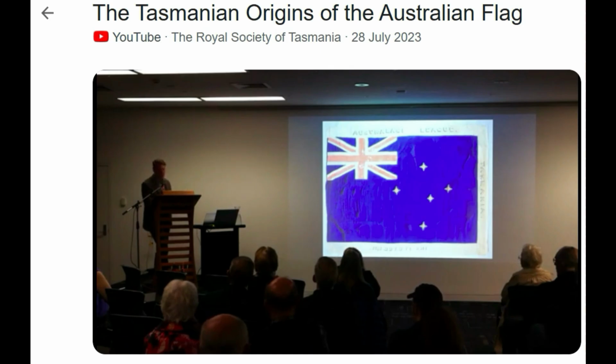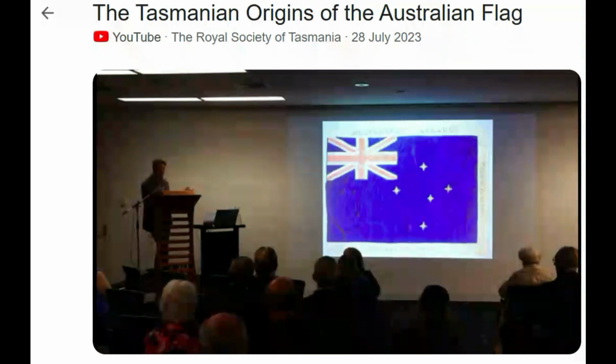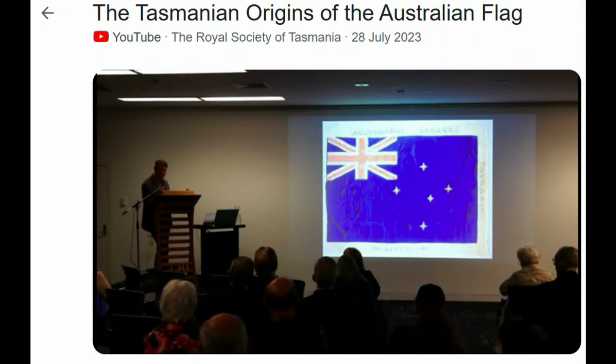But in terms of actual impact, the big impact of Eureka wasn't actually the rebellion, it was the court cases afterwards. The big impact of this was that it was the first movement for Australasian self-determination. So it actually arguably had a far greater impact on the politics of Australia than something like Eureka did.